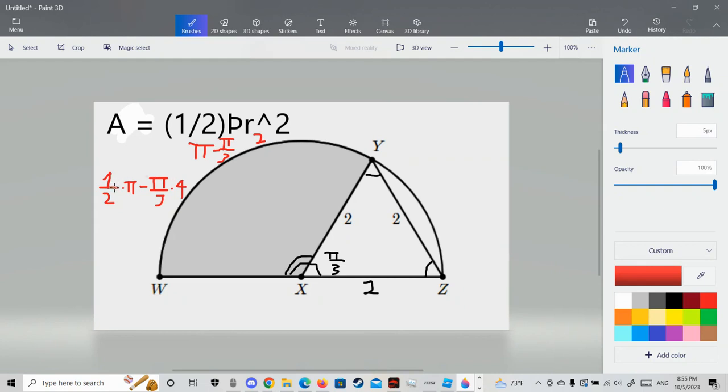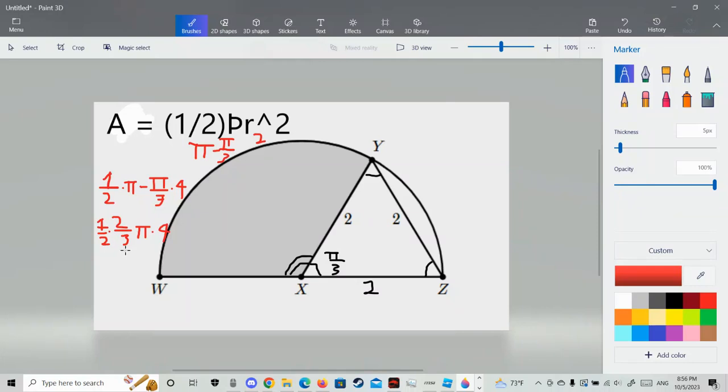Okay, so from here, what we can do is we can just kind of combine like terms, for lack of better terms. And so what we get is 2/3 pi times 1/2, and excuse the way I draw my ones, I don't know why I do it like that, times 4.